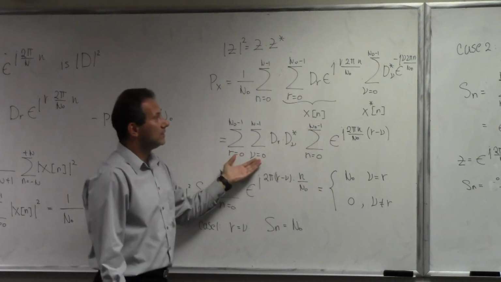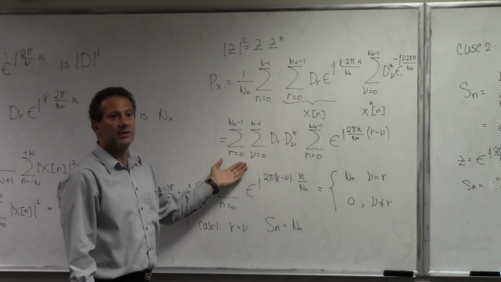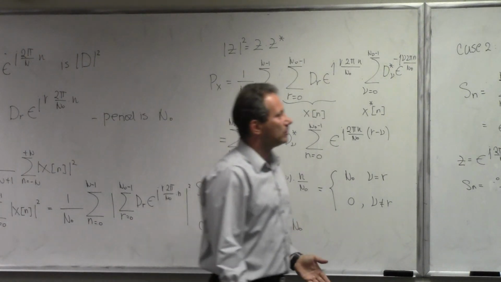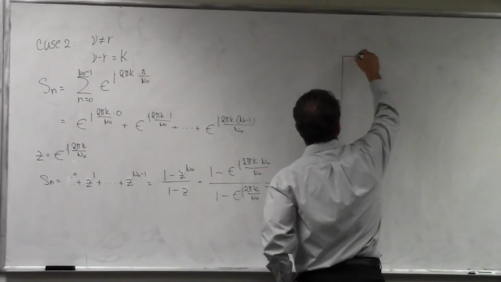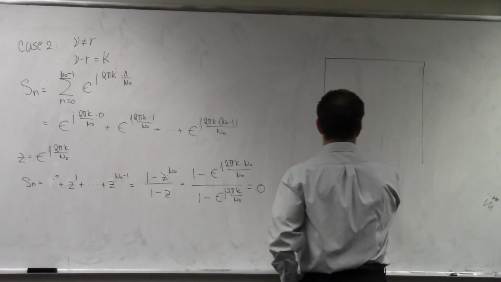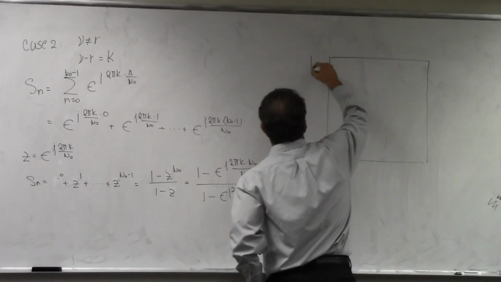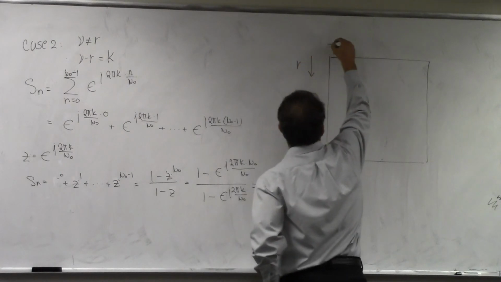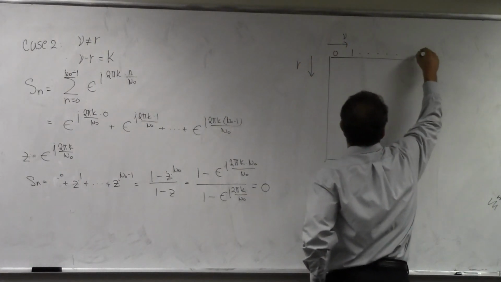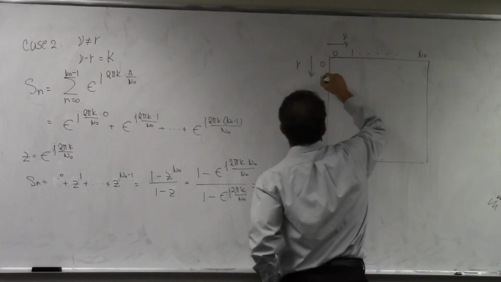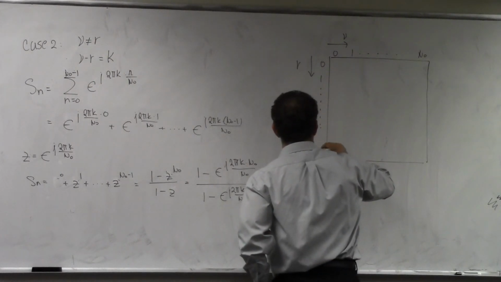So now I have a double summation here. If I were to draw this summation on a plane, this is how it would work. This is where your r advances, this is where your nu advances: 0, 1, all the way to n0, and 0, 1, all the way to n0.